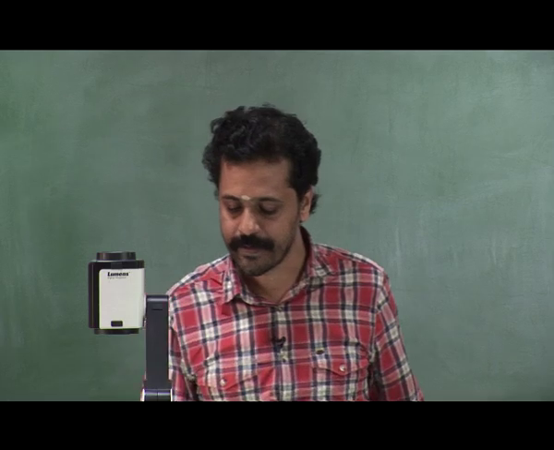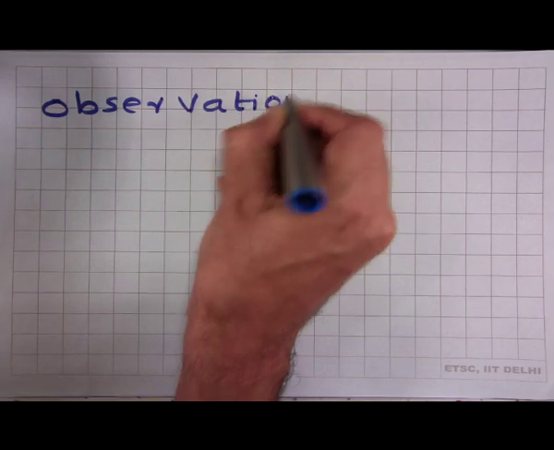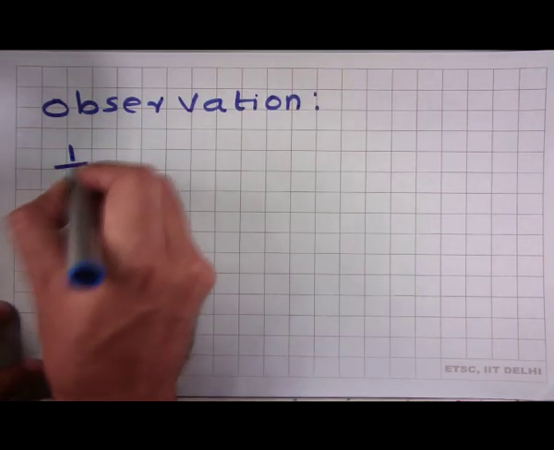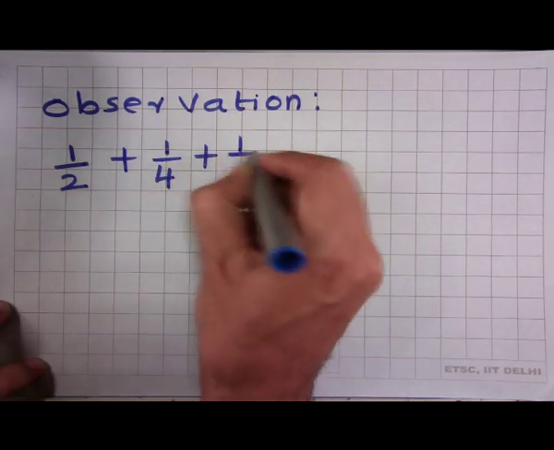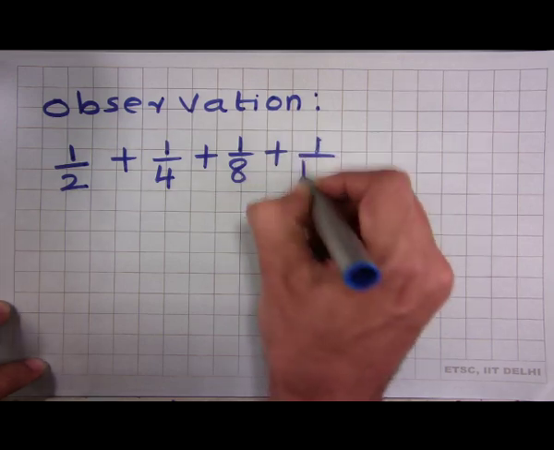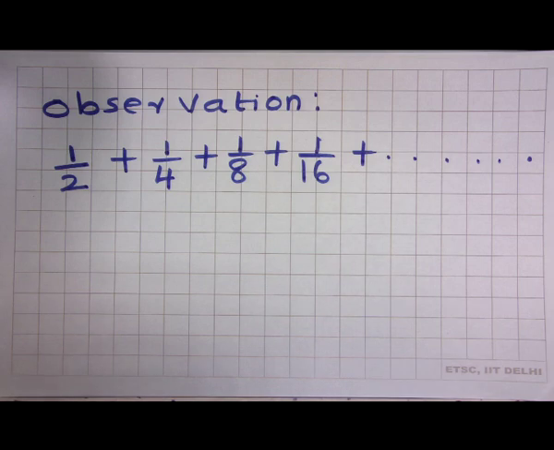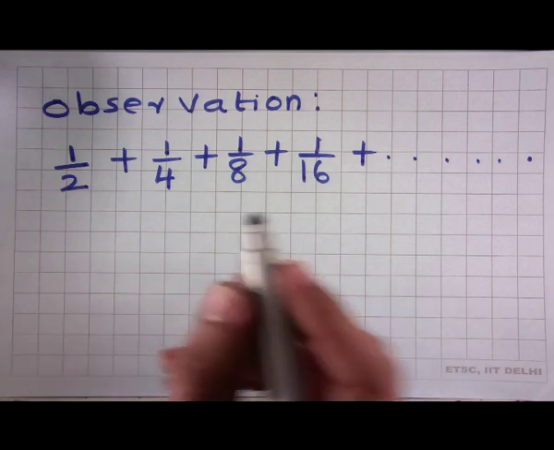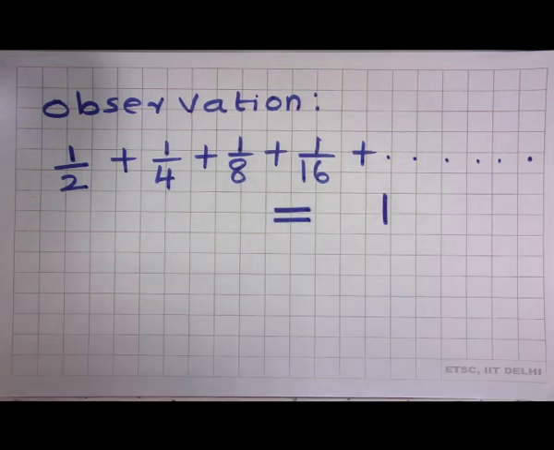Thus, we observe that 1 by 2 plus 1 by 4 plus 1 by 8 plus 1 by 16 plus etc., the sum of an infinite number of real numbers, is equal to 1.